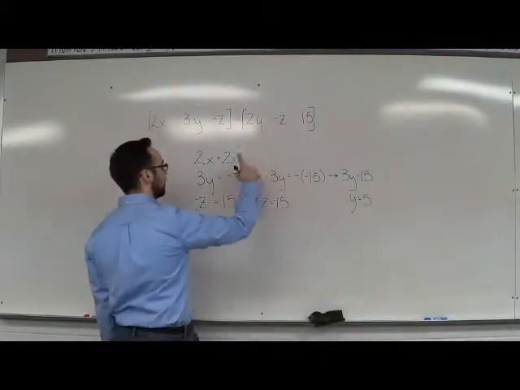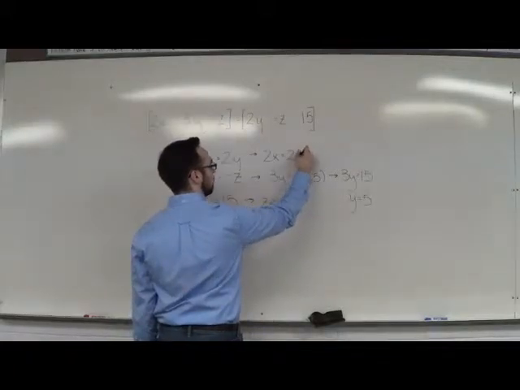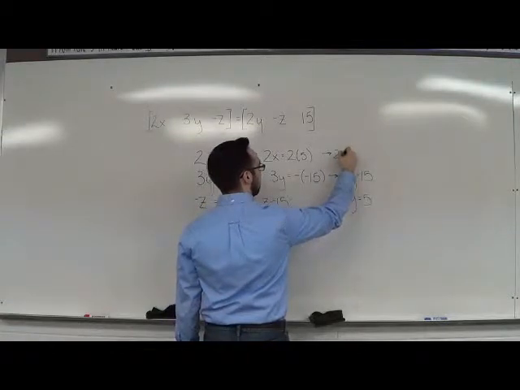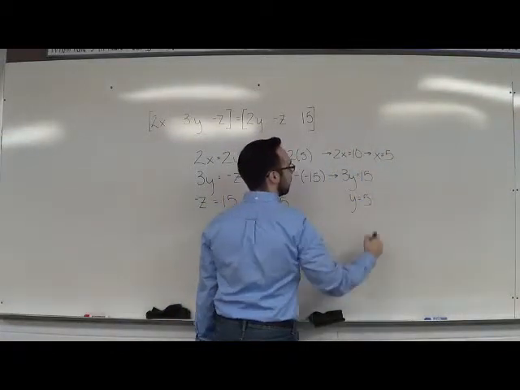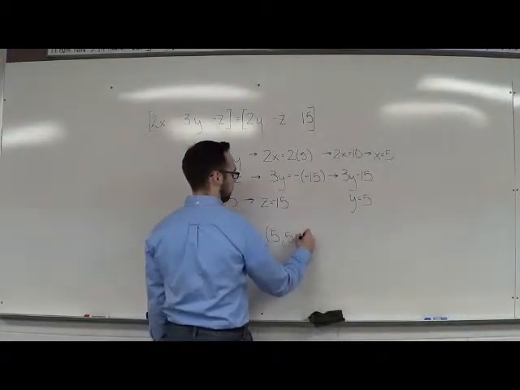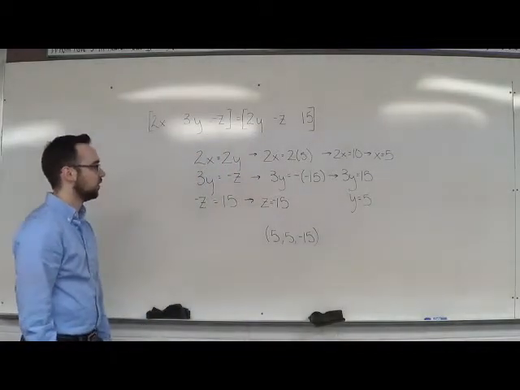And then if y is 5, I can go up here and we have 2x is equal to 2 times 5. So we'll have 2x is equal to 10, which means x is equal to 5 as well. So then we have 5, and negative 15 is our answer there.